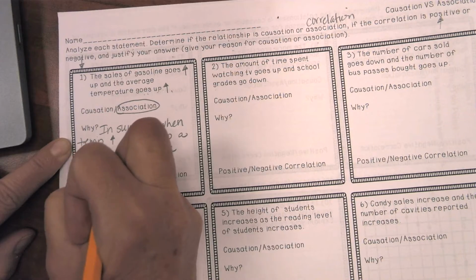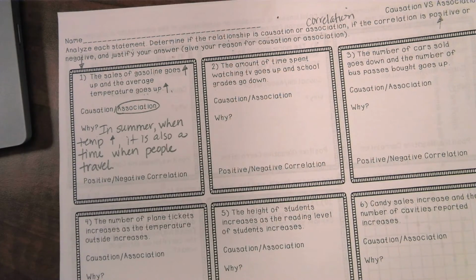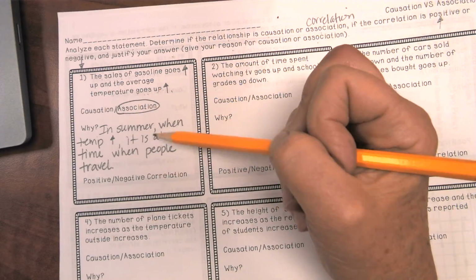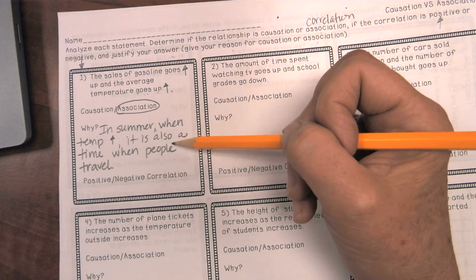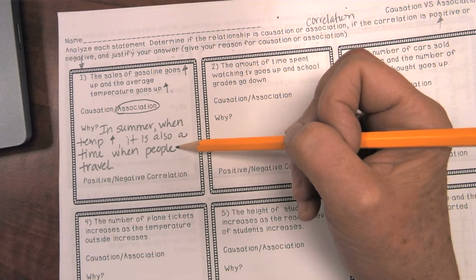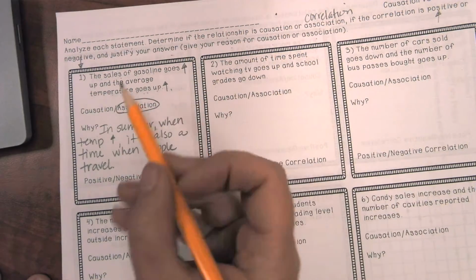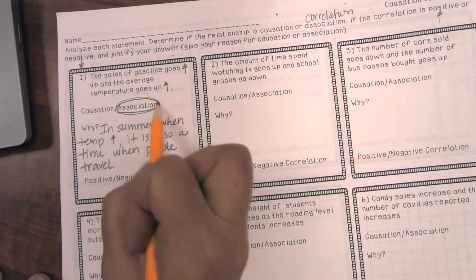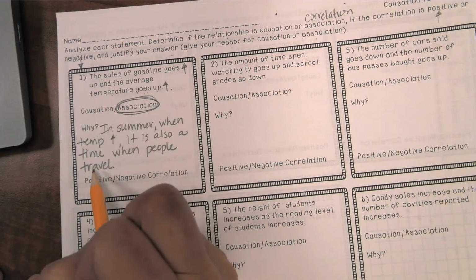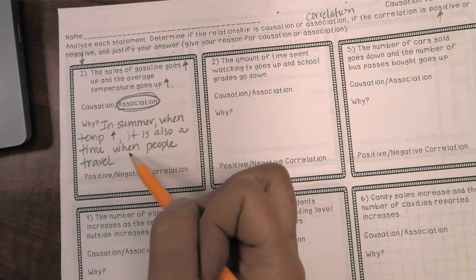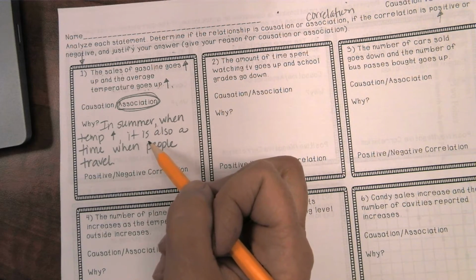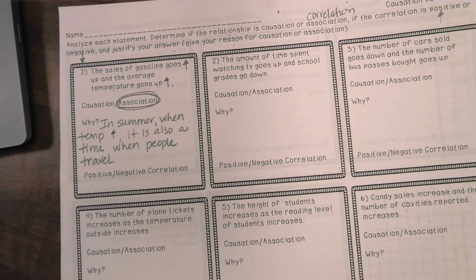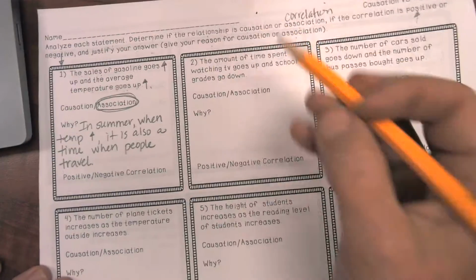Because everyone's out of school and parents tend to go on vacation in the summertime. As temperature goes up, it tells us that it's summer, which is also when people are going on vacation. So this is an association. Temperature going up does not cause gas to be sold, and selling gas does not cause temperature to go up.